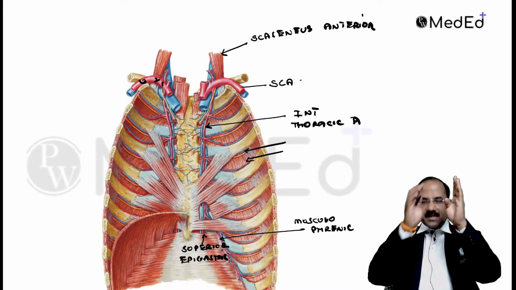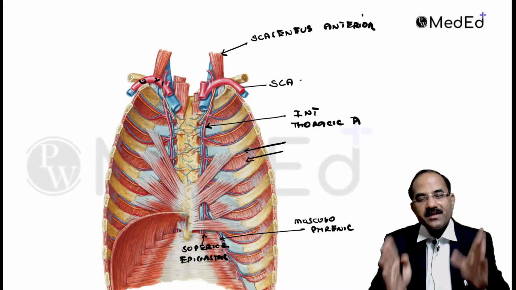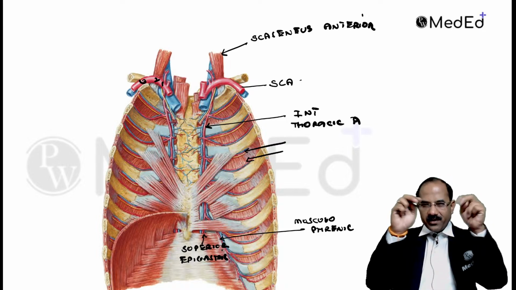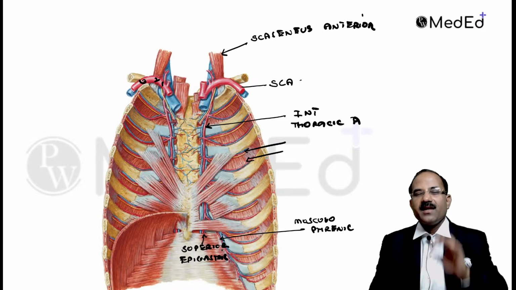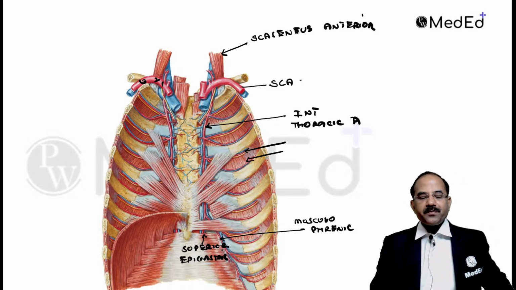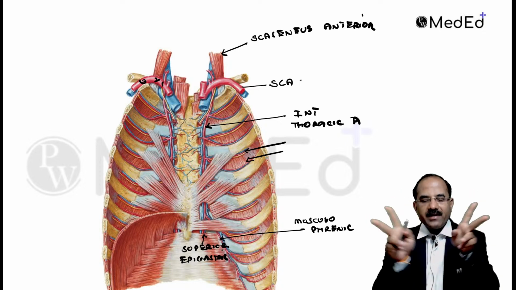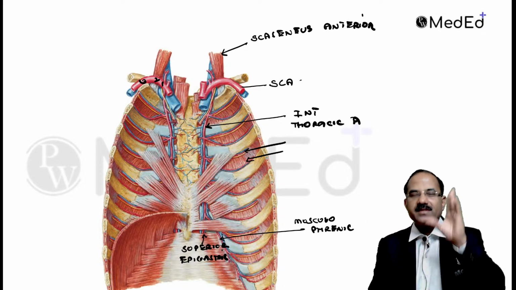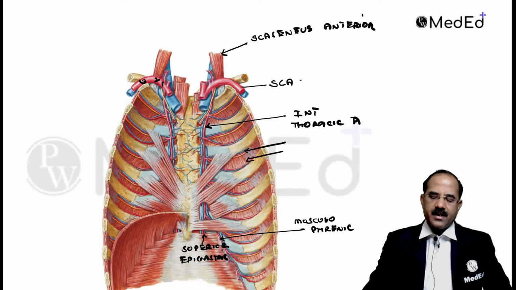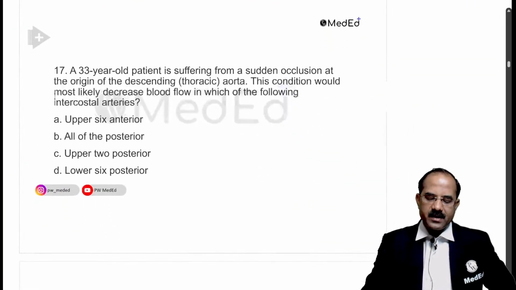It accompanies the internal thoracic vein. It divides into two terminal branches, a superior epigastric and a musculophrenic. And it gives two anterior intercostal arteries in each space. That's it. I hope this is clear to all of you.